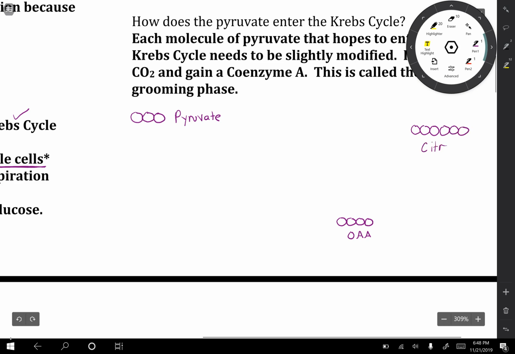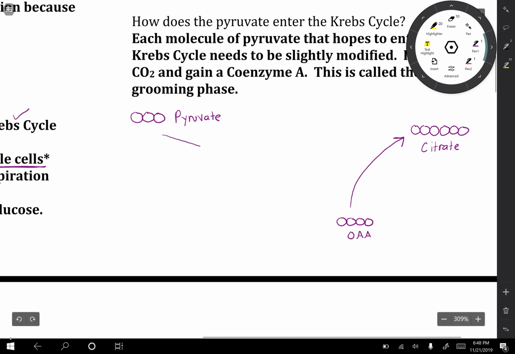Well, we got a problem here, because if the pyruvate tries to enter the Krebs cycle and you have a 4-carbon OAA and you try to join a 3-carbon pyruvate, that's 7. Well, citrate only has 6. So what do we got to do? Well, this is called the grooming phase.